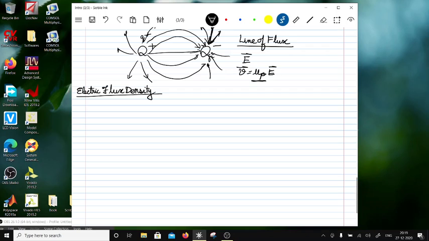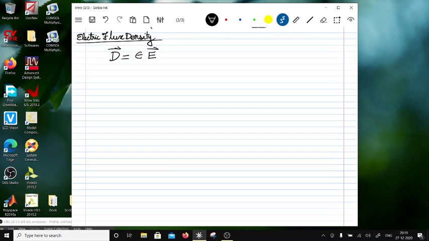Here, electric flux density D is again a vector quantity which is related to another proportionality constant called epsilon, E. Now this epsilon is not just a number. It can be epsilon xx, epsilon xy, epsilon xz, epsilon yx, epsilon yy, epsilon yz, epsilon zx, epsilon zy, epsilon zz.